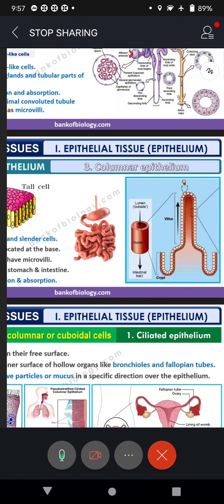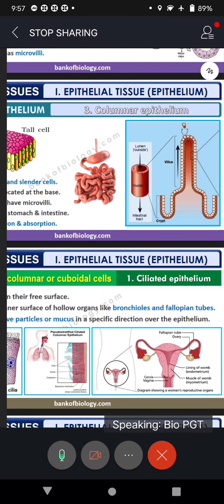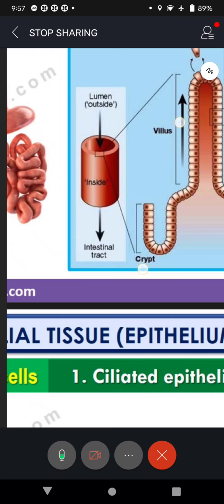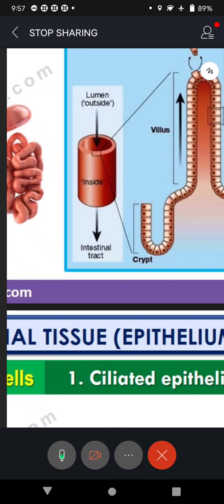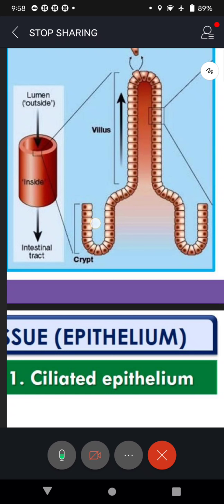We are taking now the transverse section of the intestine and stomach. This is how it looks like. Look at that. There is a lumen, means cavity, intestinal tract, and look at the cells. This is how the columnar cells will be present.